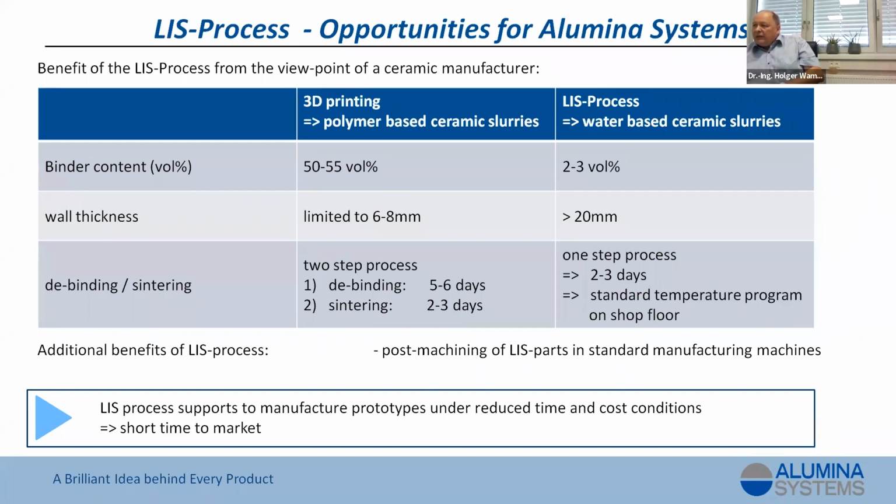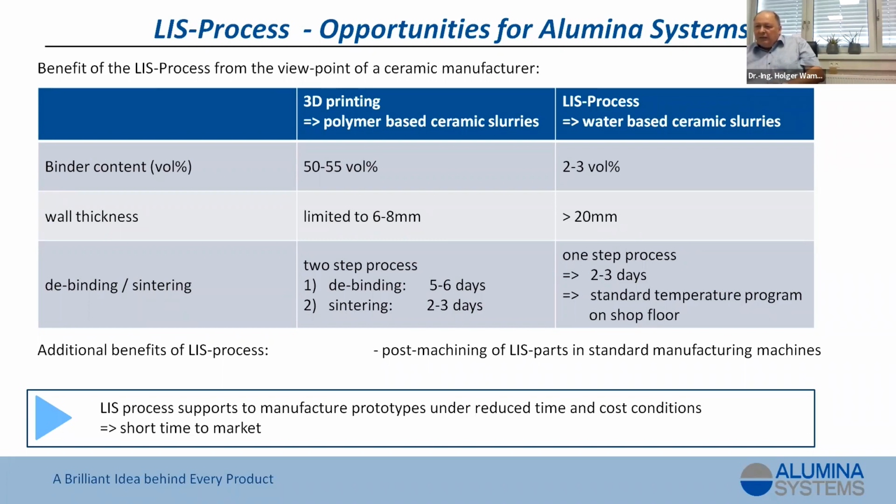And for the LIS process, you have a binder content of only 2 to 3 volume percent. And this leads to a limitation in the wall thickness, which we see at 6 to 8 millimeters. And for the LIS process, we have already achieved wall thicknesses bigger than 20 millimeters.